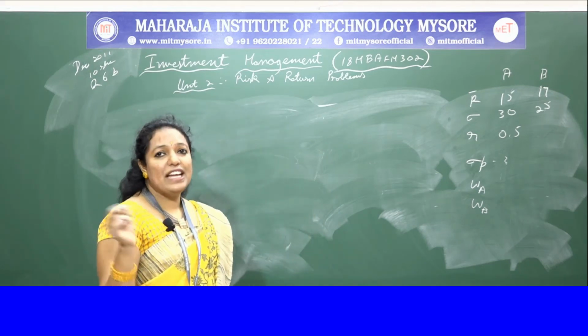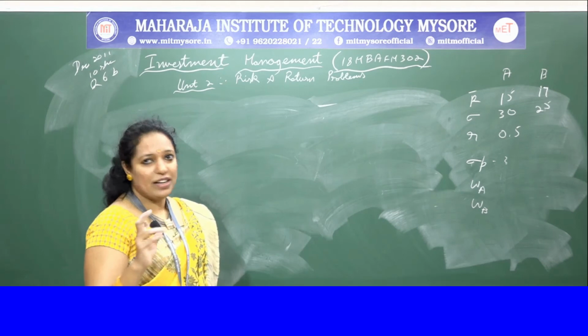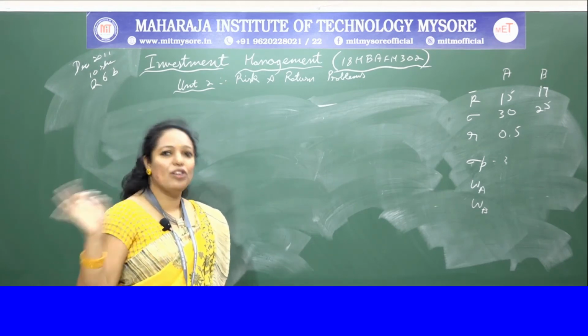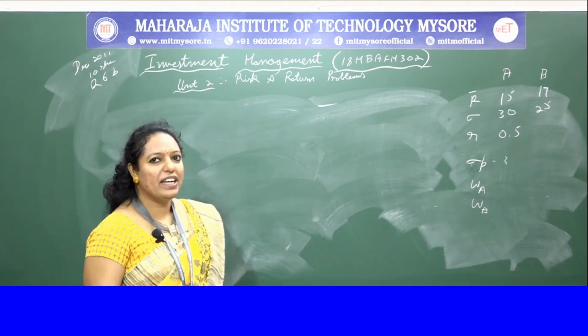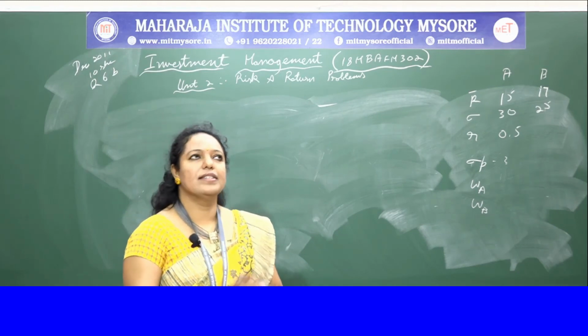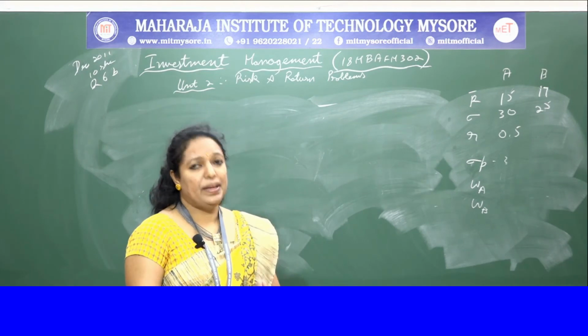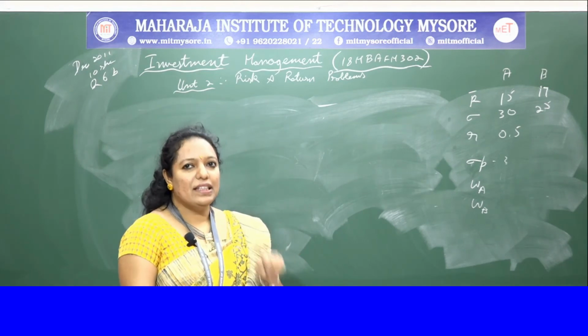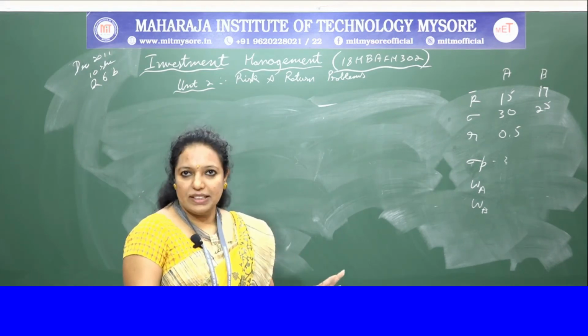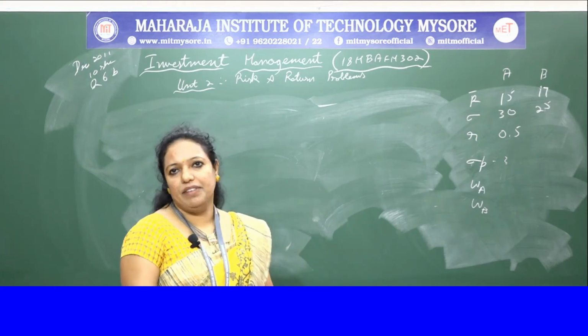When weight A and weight B are not given, the investment is also not given. In the earlier problem which we did, they had given the investment, that is 30,000 in A and 10,000 in B, that is X and Y. But in this problem, they have not even given the investment, neither have they given the weights.